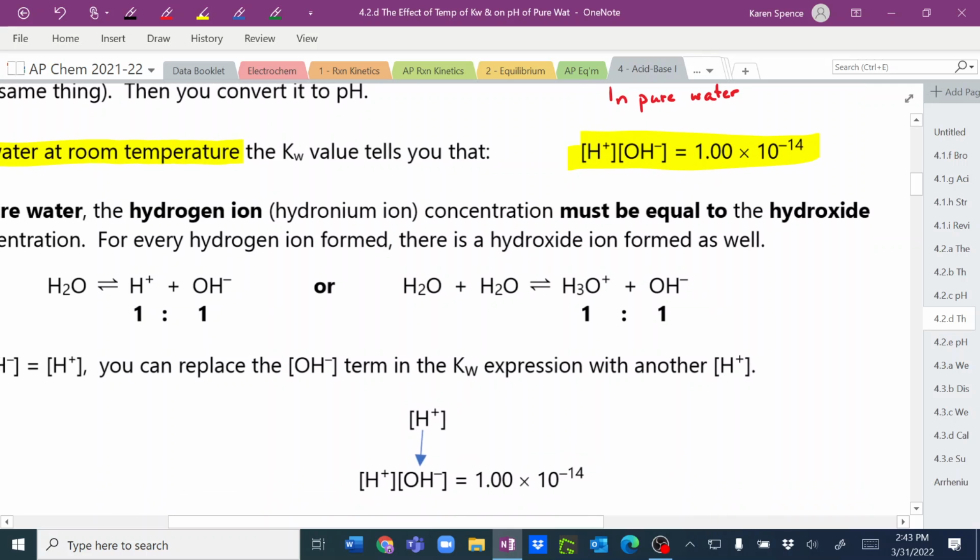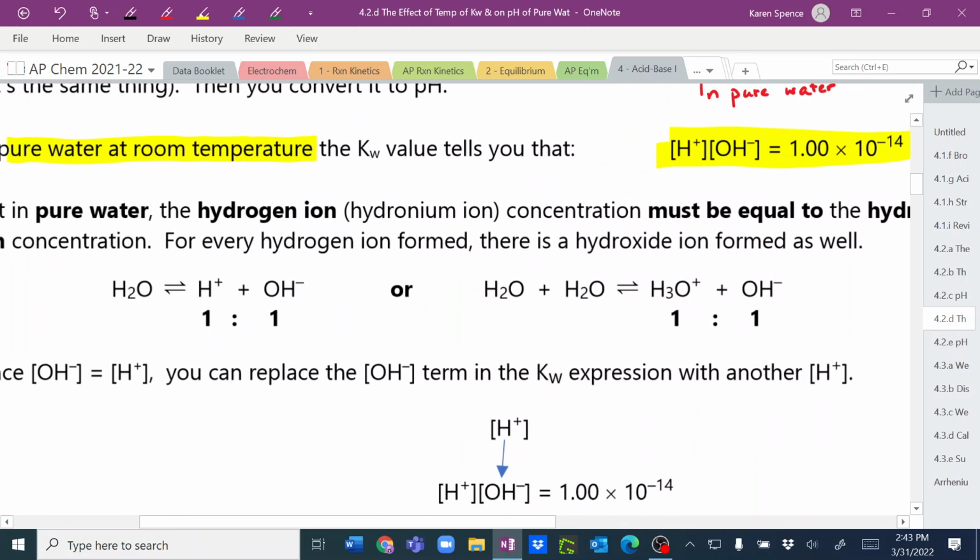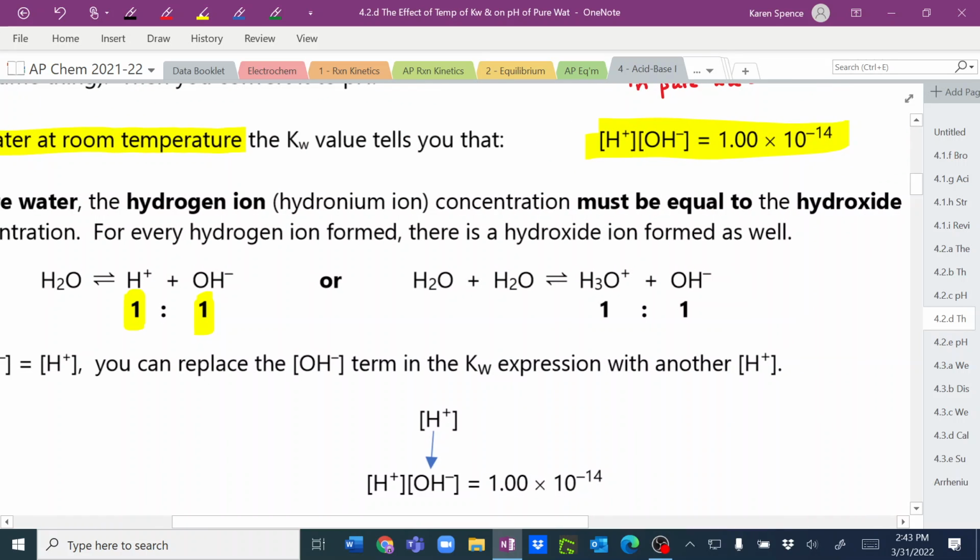All right, so hopefully you realize that hydrogen and hydroxide in pure water, every time it dissociates, you get 1 hydrogen and 1 hydroxide, or if you write the autoionization in the more expanded method, you end up with 1 hydronium and 1 hydroxide. Either way, it is 1 to 1.